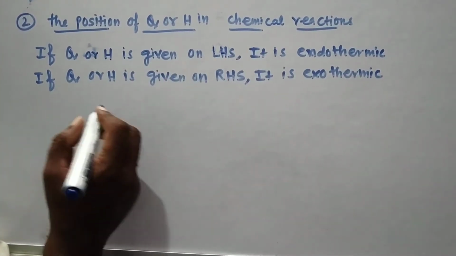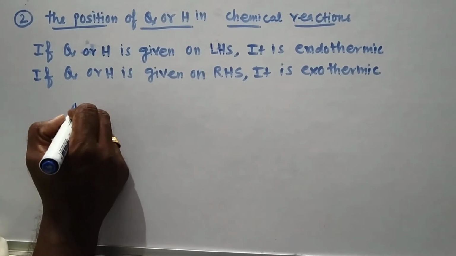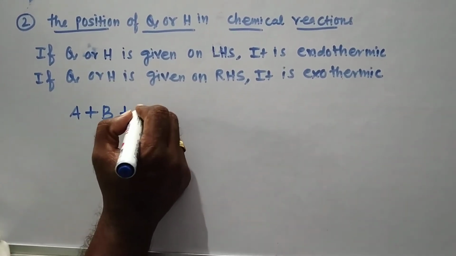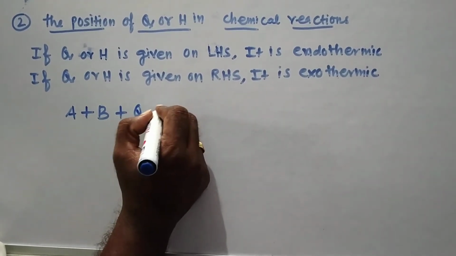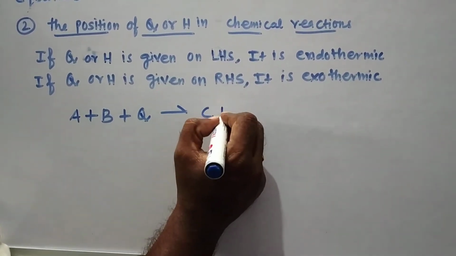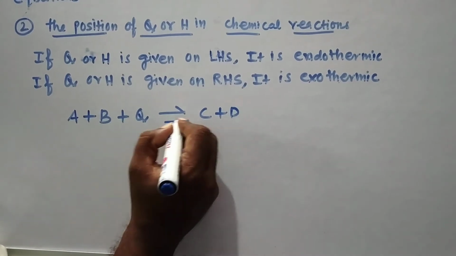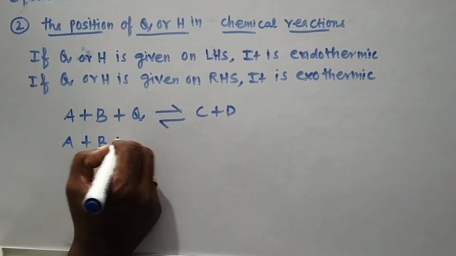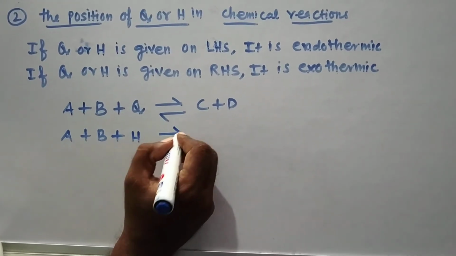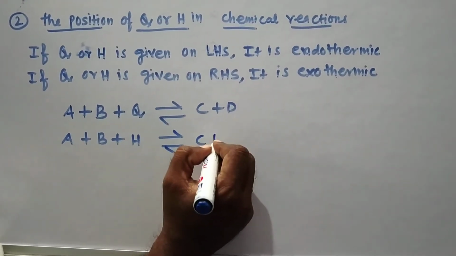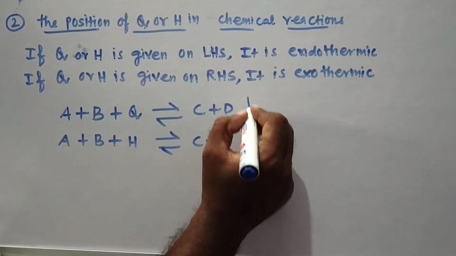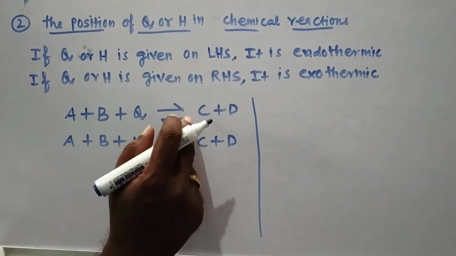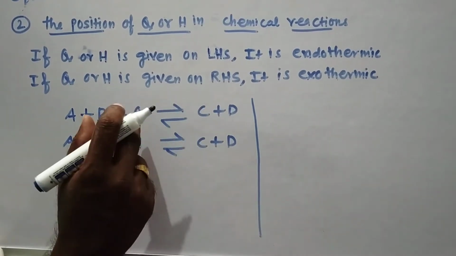Okay, first of all, we are going to see the reactions. A plus B plus Q gives C plus D, or A plus B plus H gives C plus D. Now let us consider these reactions.